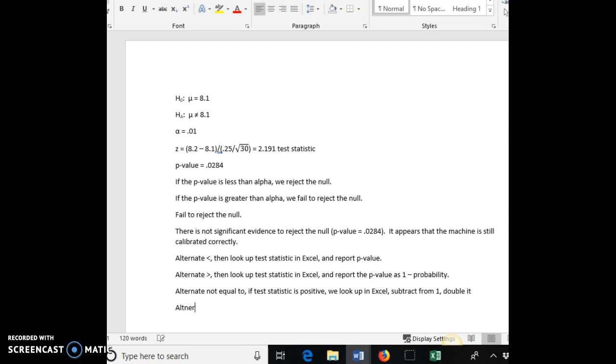However, if the alternate is not equal to and the test statistic is negative, we look it up in Excel, but we don't have to subtract from 1 because it's on the left tail. All we have to do is double it to make up for the right tail, since we've got 2 tails. Hopefully that's going to help you through some of these p-value type problems.